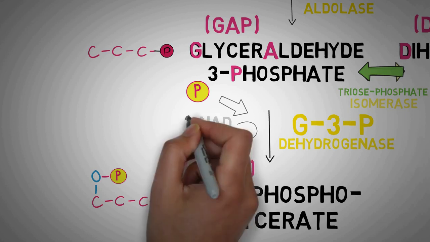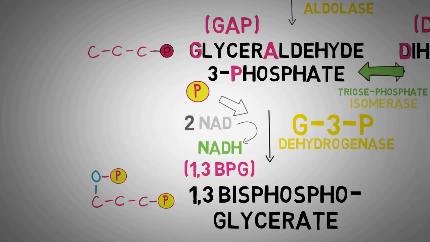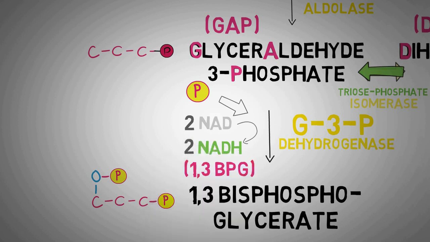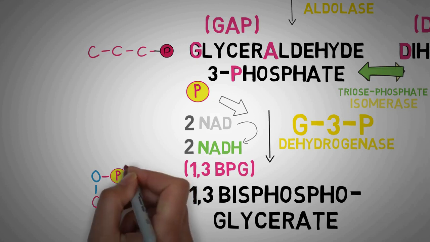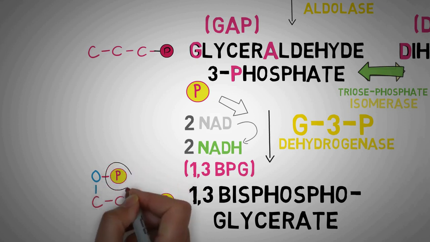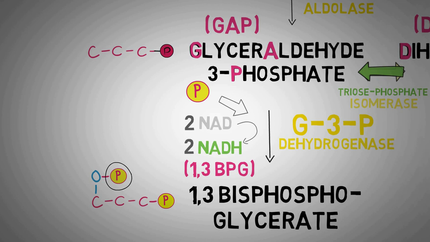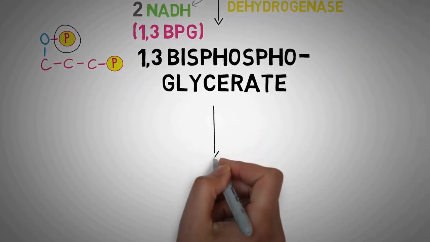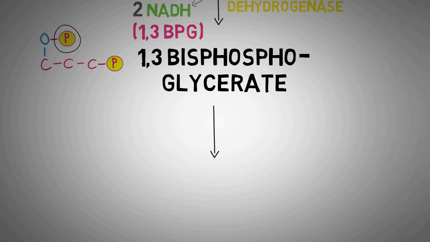Now, since we have 2 molecules of glyceraldehyde 3-phosphate for every 1 molecule of glucose that enters glycolysis, 2 NADs are actually being reduced here, which generate 2 NADH. And here you can see the second phosphate group that is being attached to the glyceraldehyde 3-phosphate to make it a bisphosphoglycerate.